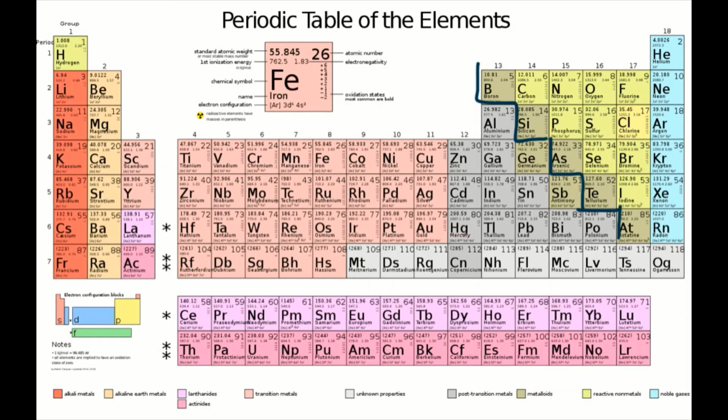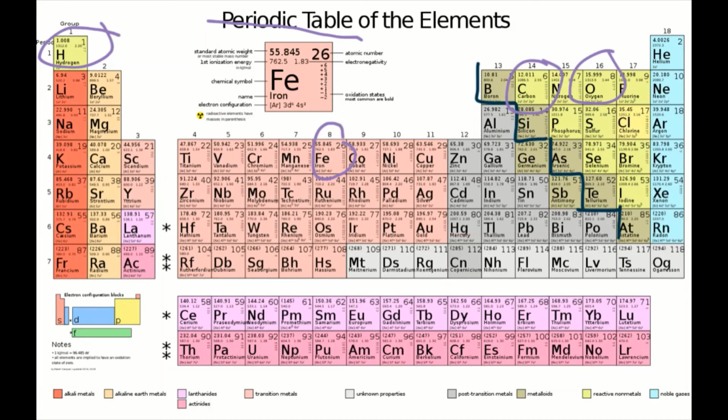So we have talked a lot about elements. You have seen elements like carbon, oxygen, iron, and even hydrogen. And all those elements come from this periodic table. Now, this periodic table has 118 elements, and the number will only grow in the future as technology advances.